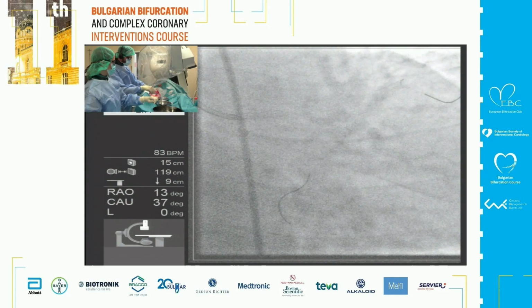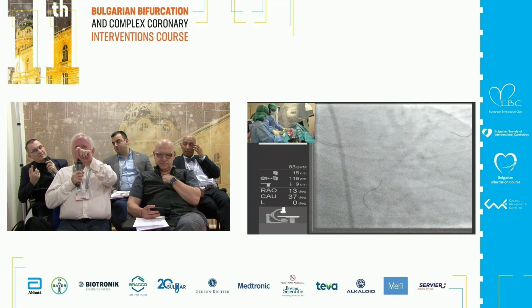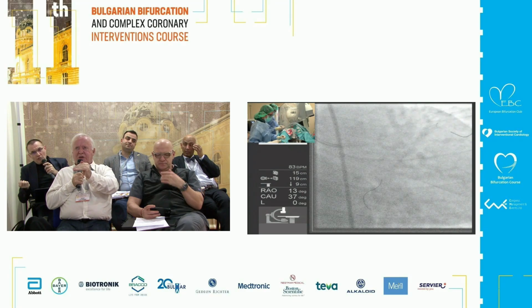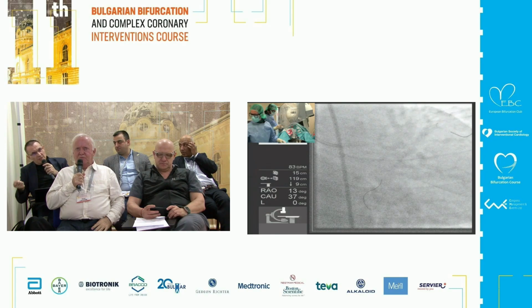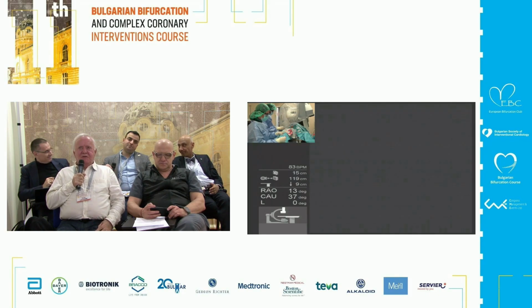When you have a second wire in the circ... No, I mean that if it still moves easily, I will repeat the POT. This is the point. But if you pull the wire, take care the guiding is not engaging the left main. Pull 2-3 millimeters just to see the movement of the wire. Well, I don't like this, sincerely.